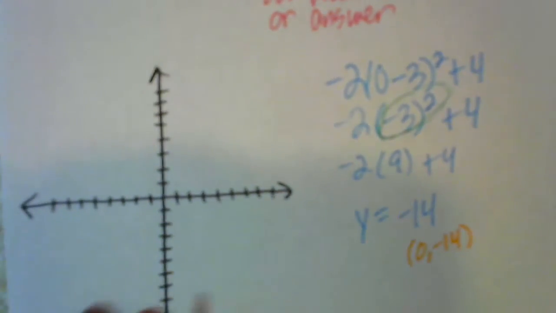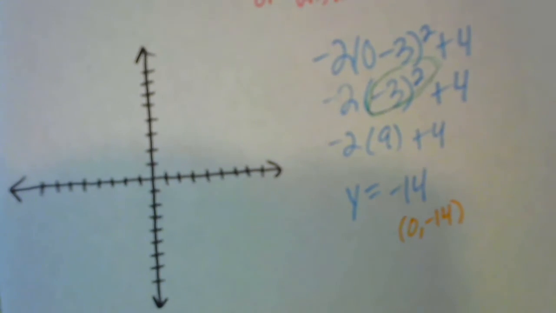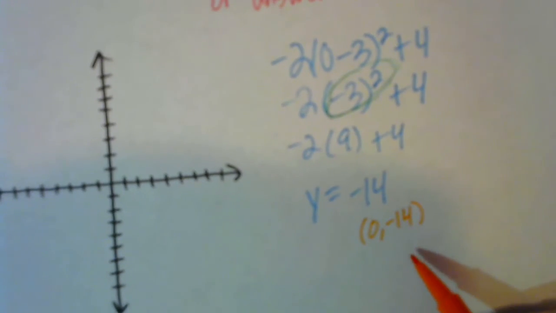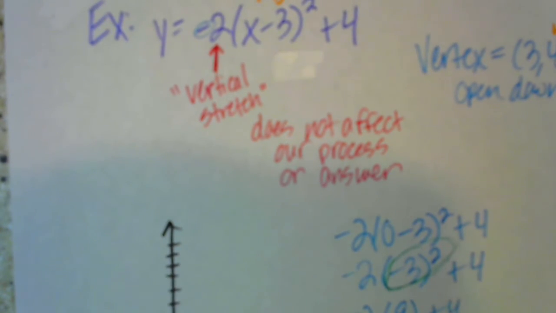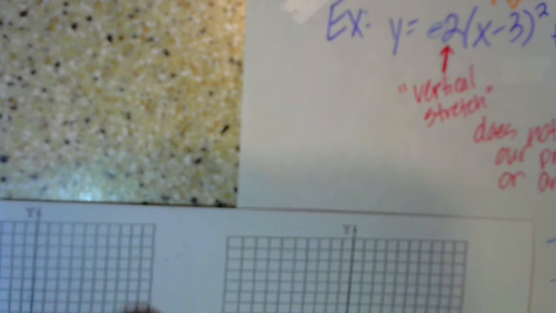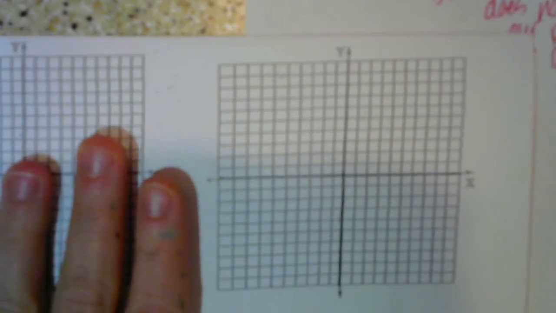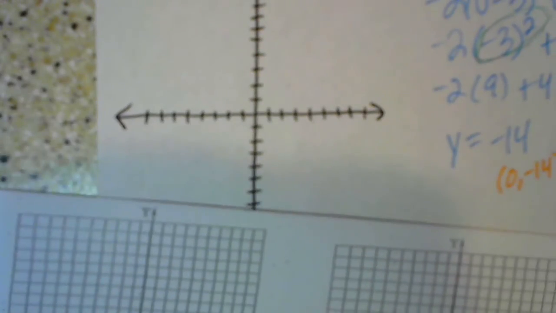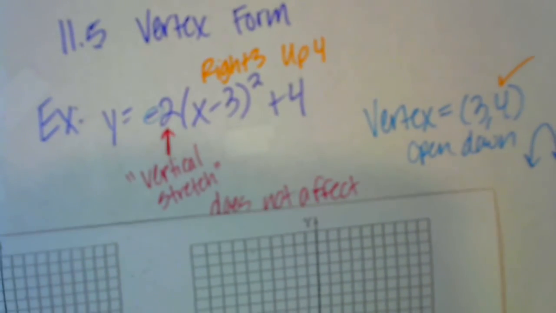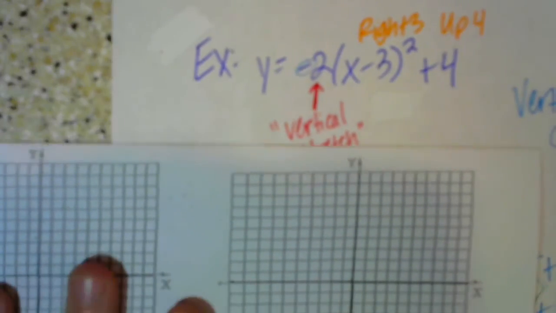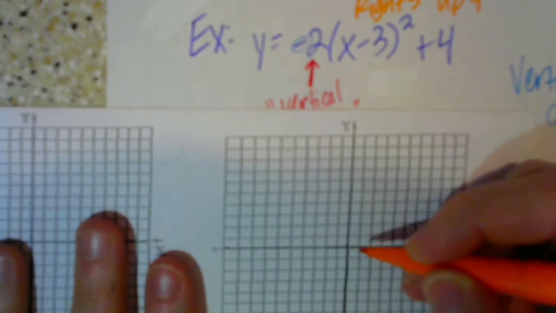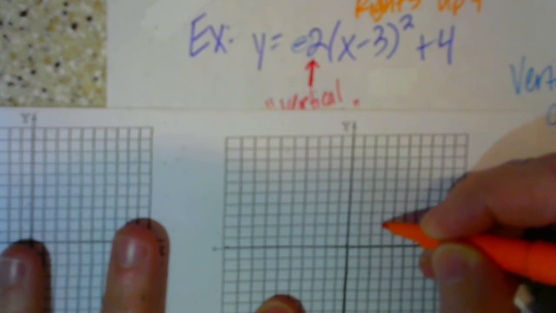But a lot of times your graph only goes out to 10, which means I can't even plot this. So let's graph this together. I can't plot the 0, -14, so let's look at what I can do. I can plot 3, 4. So 1, 2, 3, 1, 2, 3, 4.